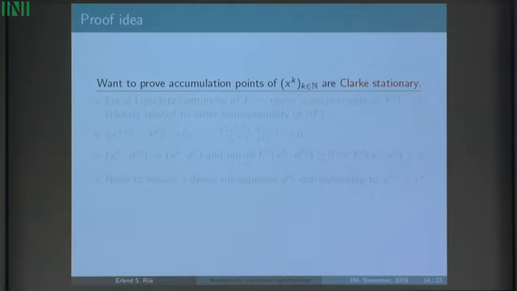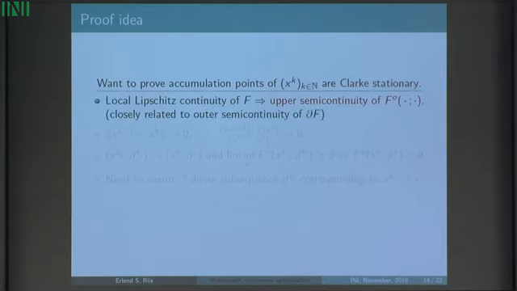So we'd like to basically run the e-to-ab discrete gradient method and ensure that all limit points of the iterates will be Clarke stationary. And to go about proving this, we can use the outer semi-continuity of the Clarke subdifferential, which is related to the upper semi-continuity of the directional derivative.